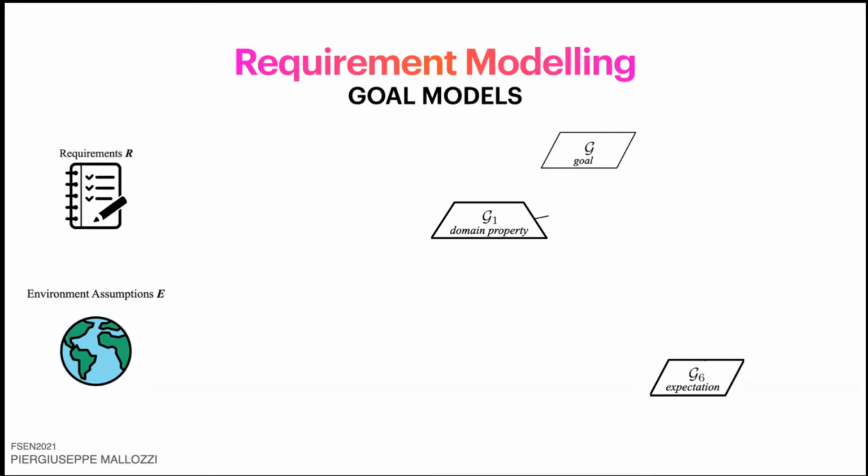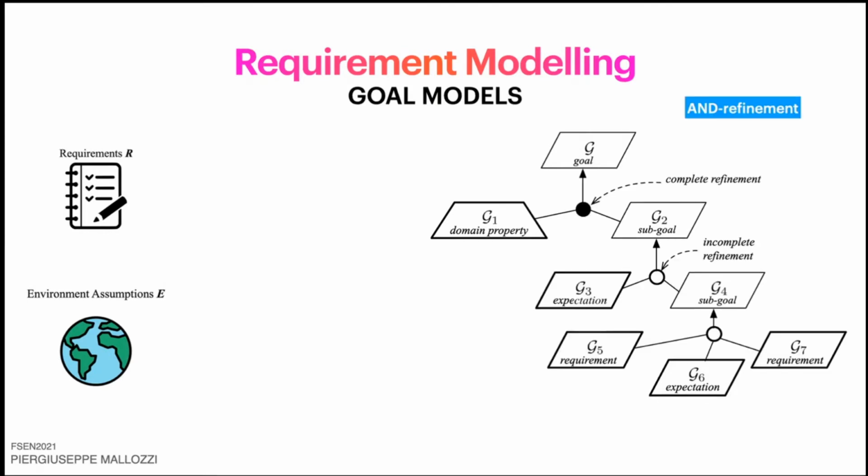The refinement process is mostly informal. Here you see an example of AND refinement, where we have a hierarchical structure of goals, where the goals are decomposed in sub-goals, and the refinement process can find possible sub-goals from parent goals, or identify connections between the sub-goals and parent goals.